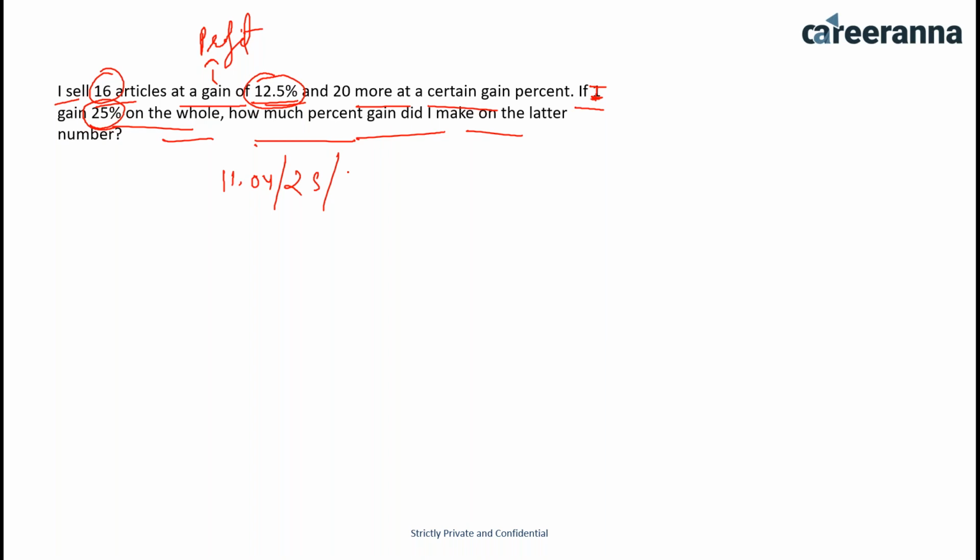I'll tell you a trick. 14.28. Okay, 25. Anyone else? 11.1. 13.5. Very good, guys. We have 5 options. Anyone else?